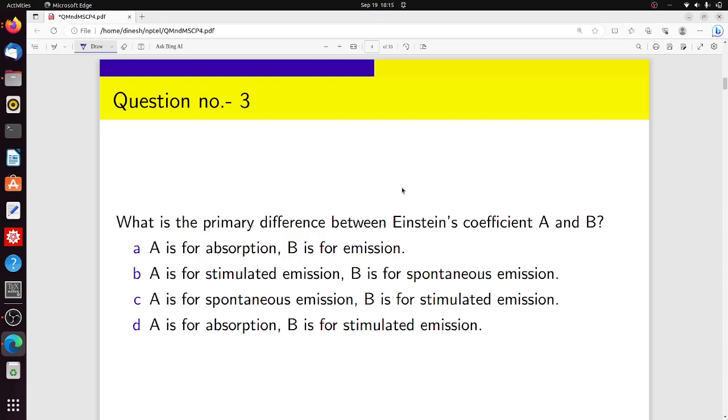Option C. Yes, correct. A is spontaneous emission and B is stimulated emission.